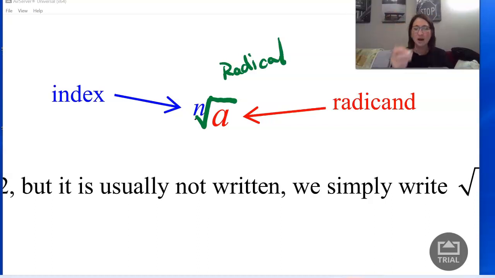Inside that check mark is where our index lies. Underneath that radical is what we refer to as the radicand. It can be an individual number, a variable, some combination, or an expression. A radicand can be almost anything. All we know is it's underneath that radical symbol.